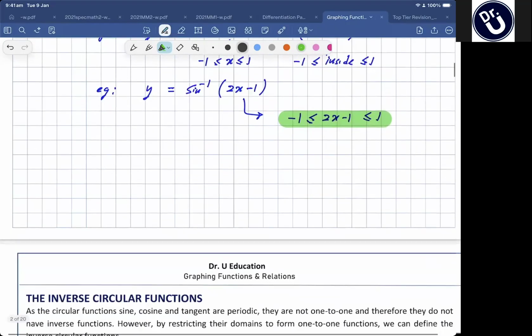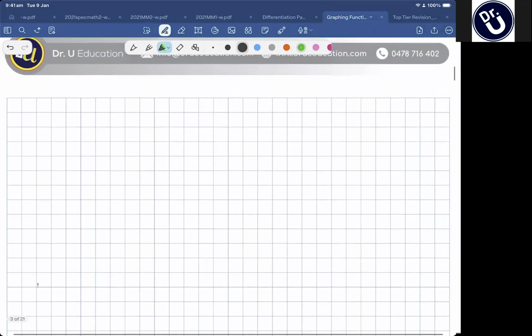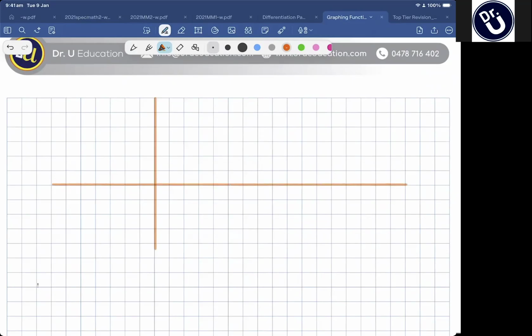Now, plotting. Now, when we plot, okay, sine. We'll do it carefully. Right. So it's something like this.